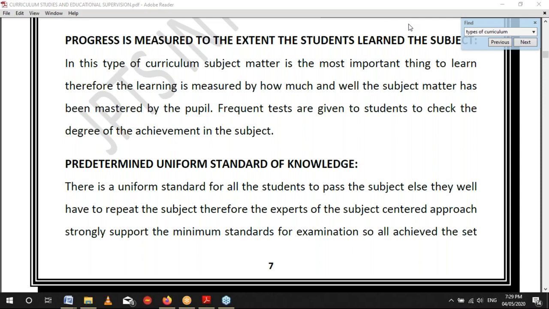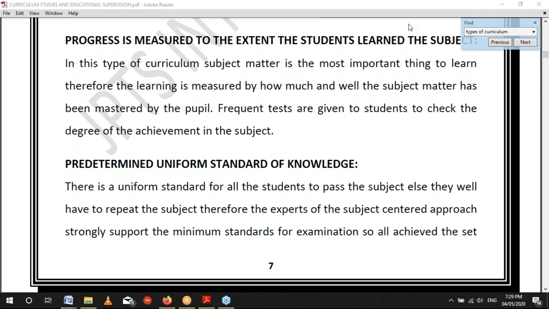Then 4, subject matter is selected by adults or experts for the teaching and learning situation. That means the content of the learning is selected in advance before the actual teaching. The content, what the teacher wants to teach, is already selected in advance.